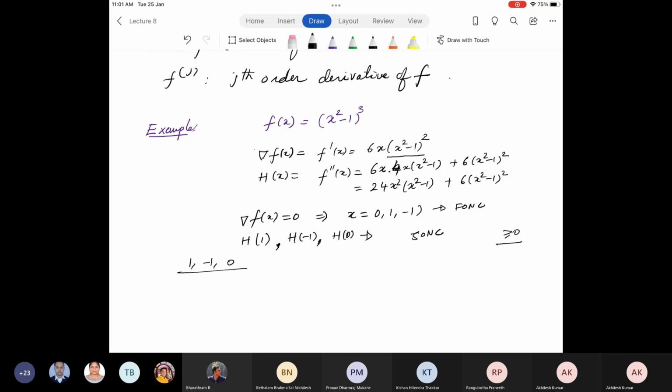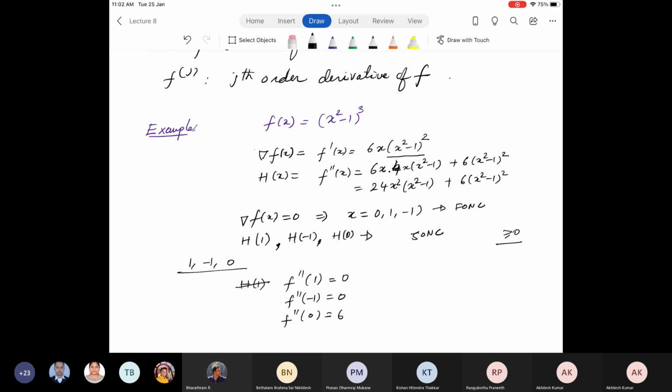Now let's look at the sufficient condition. Is H(1) satisfying the sufficient condition? What is H(1)? Let me put f double dash 1. What is f double dash 1 equal to? 0. What is f double dash minus 1 equal to? Again 0. f double dash 0 equals 6. Is this correct?